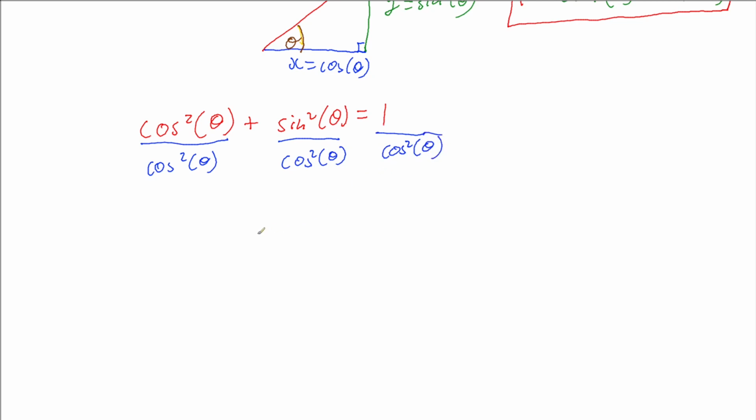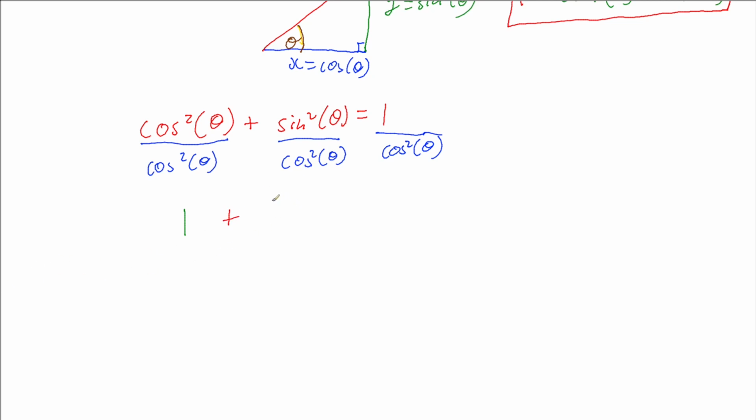I haven't changed it, because everything's been divided by cos squared. But if I look at what's changed, I've got cos squared over cos squared in my first term here. So that's just going to go to 1. And we've then got sine squared over cos squared theta.